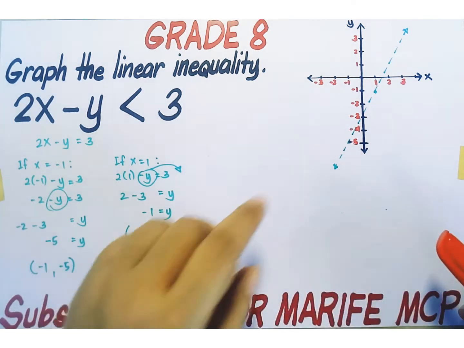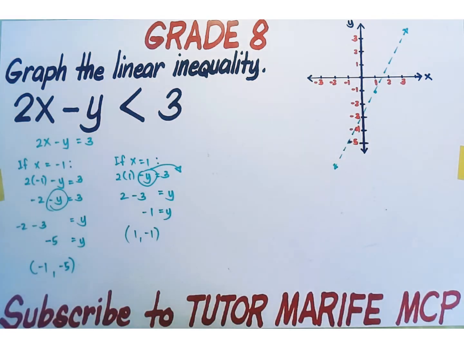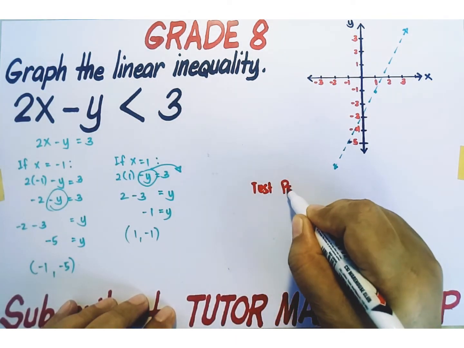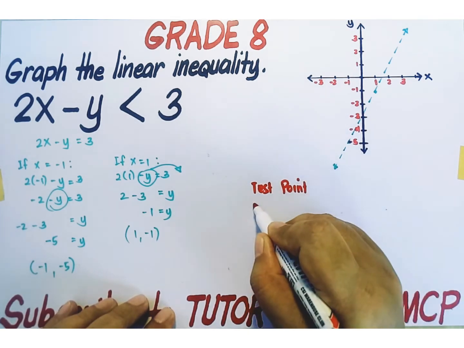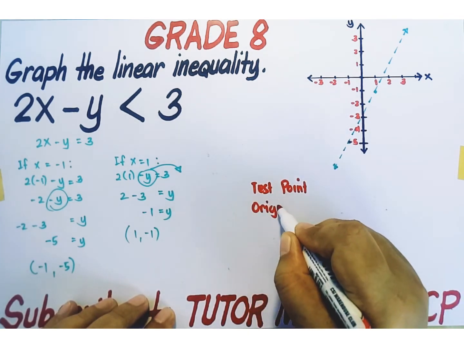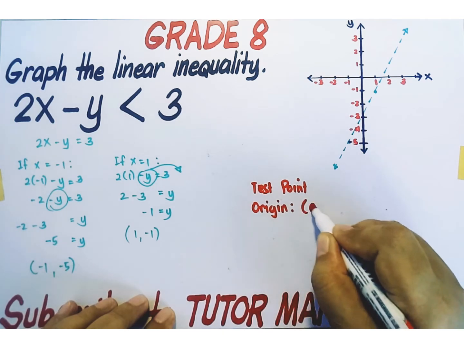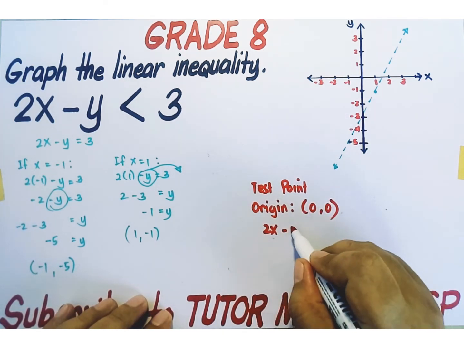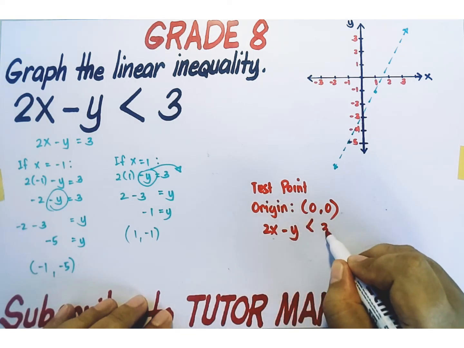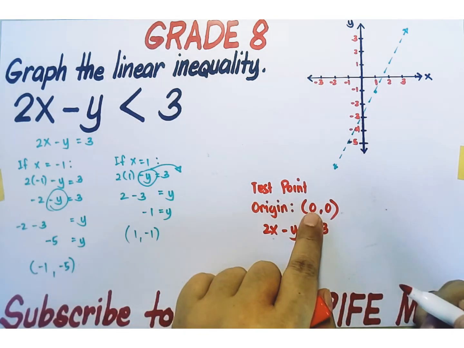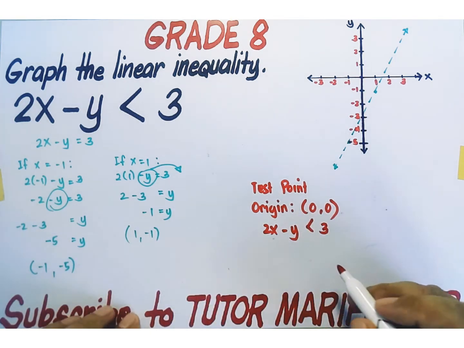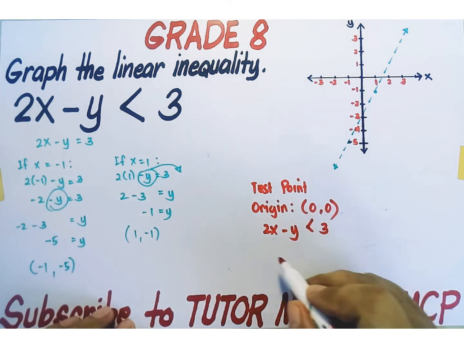Okay, so let's test the origin if it satisfies the inequality. Our inequality is 2x minus y less than 3. Let's replace x and y with the coordinates of the origin. X is 0, y is 0.